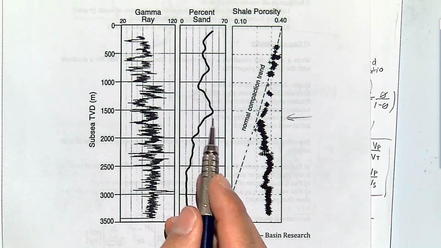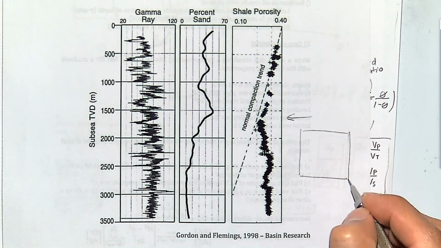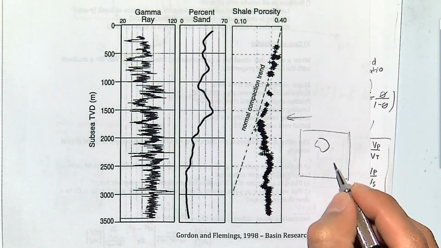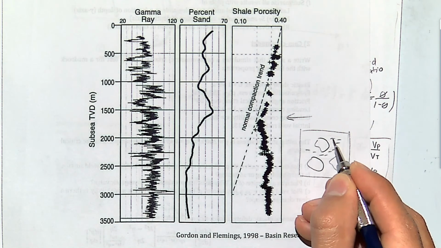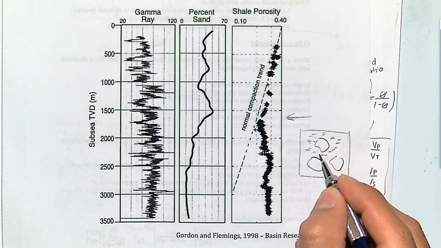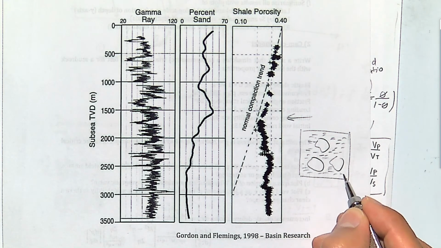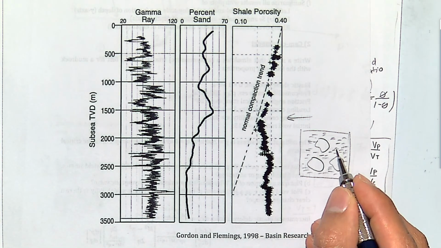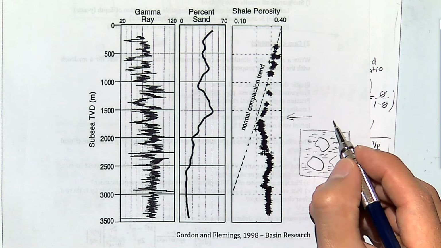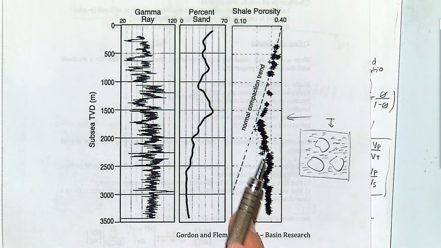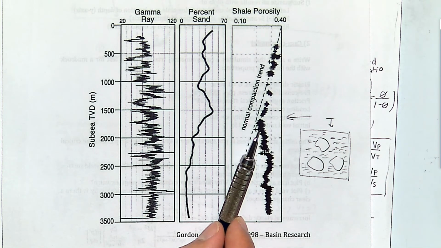At this point, similar to what Dr. Milliken was showing today, if this is your sand, it becomes disconnected. The sands do not see the other sand, but they are just mostly surrounded in a matrix of clay. And it is at this point where you start to have an anomalous compaction curve.